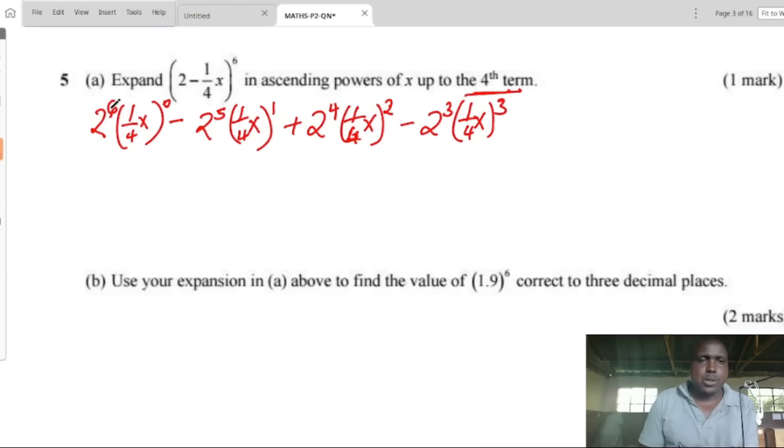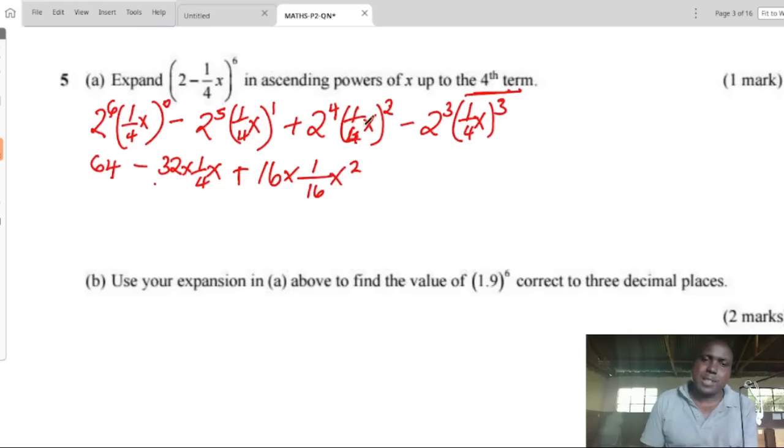Now 2 raised to power 6 is 64. A number raised to 0 is 1. So 1 times 64 is 64 minus 32, 1 raised to power 1 is 1, so this one is going to be times 1 over 4x, plus 16 times 1 raised to power 2 is 1, over 4 raised to power 2 is 16, and x raised to power 2.